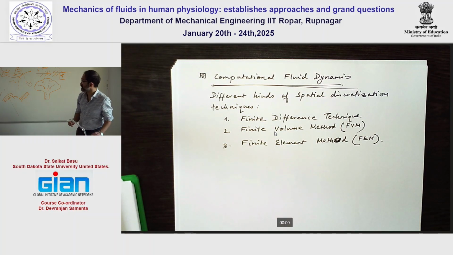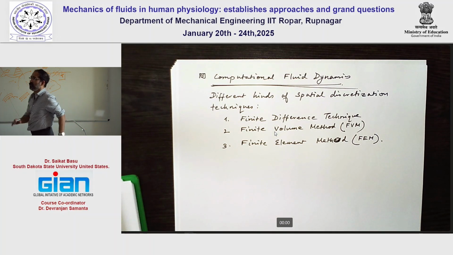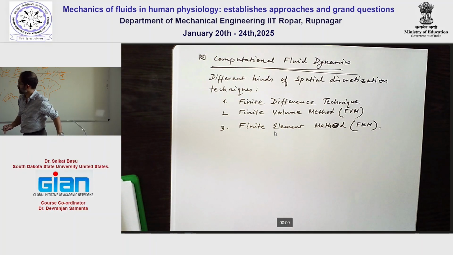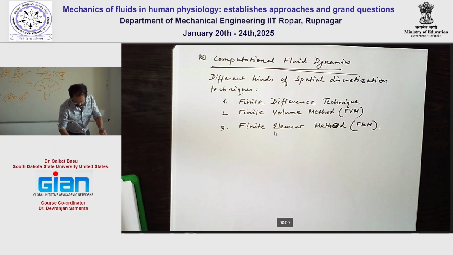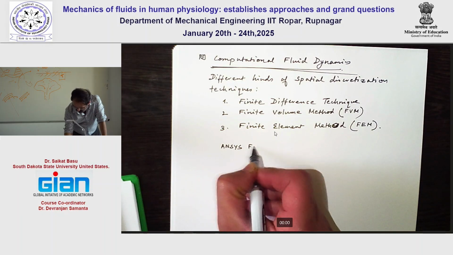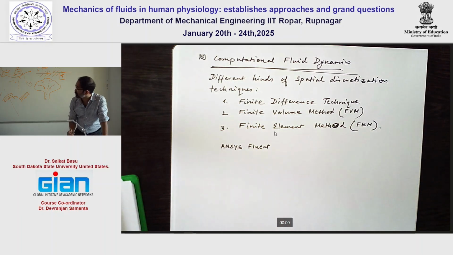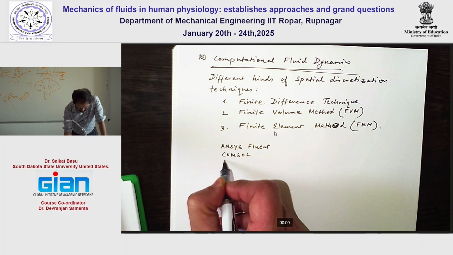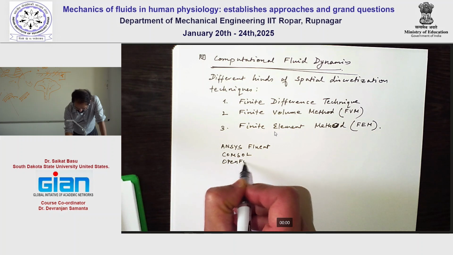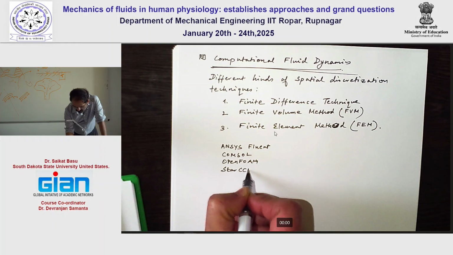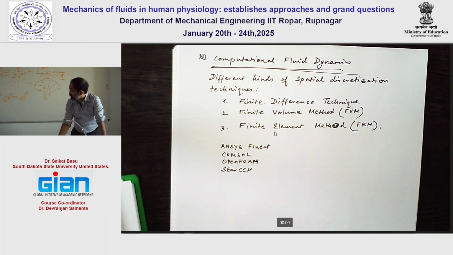Now, in terms of the work that we are going to do, we are using commercial packages. So let me write down some common ones that people use. ANSYS Fluent is something that I use in my group a lot, and then we have COMSOL, OpenFOAM, and Star-CCM+, which is very popular amongst some of the other fluids people in my department.